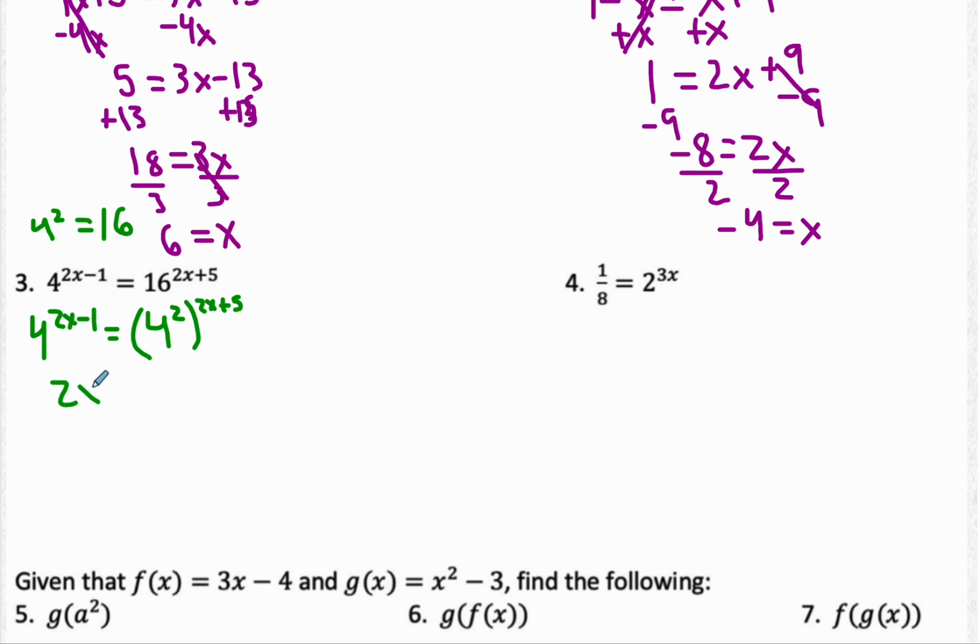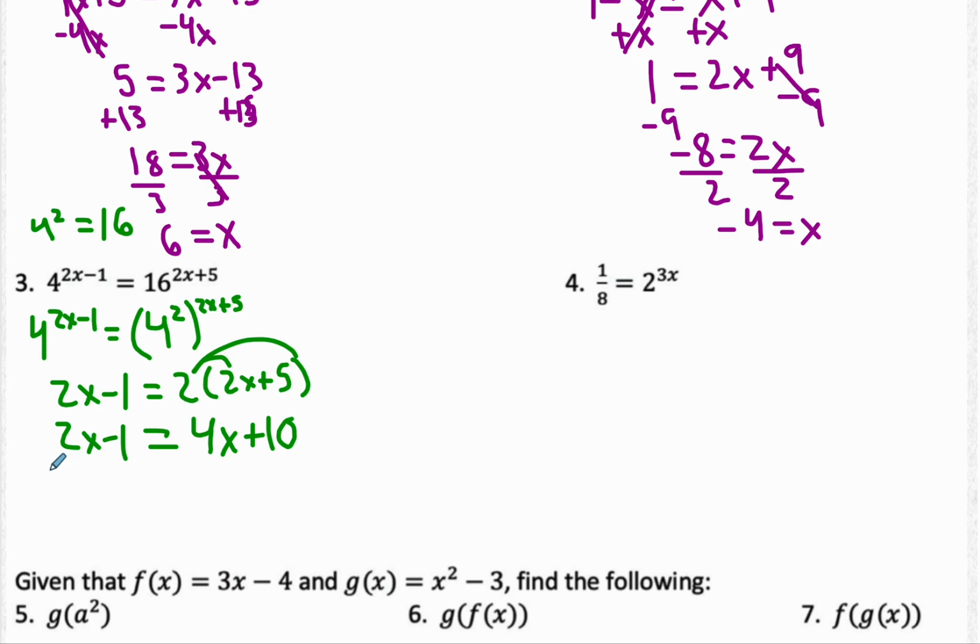So we get 2x minus 1. And on the other side, I can't forget about this 2 right here. Okay, so even though the base of 4 is gone, I still have this 2. And what's going to happen is that 2 has to be distributed to the rest of the exponent. Okay, so I'm going to put it in parentheses. So we have to take that into account when we're solving here. So the left is just going to come down for now. And I'm going to distribute this 2. So 2 times 2x is 4x. 2 times 5 is 10.